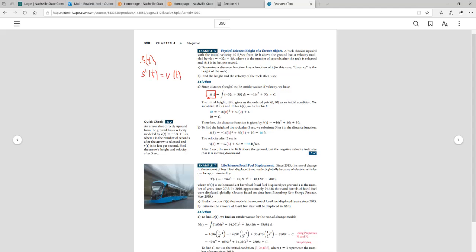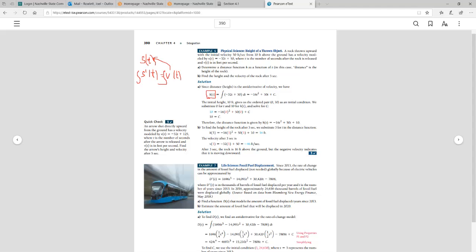Well, if that's the case, then it should make sense that if we take the antiderivative of the velocity, that would take us back to the position equation, or in this case, the height equation. So that's what we're going to do.